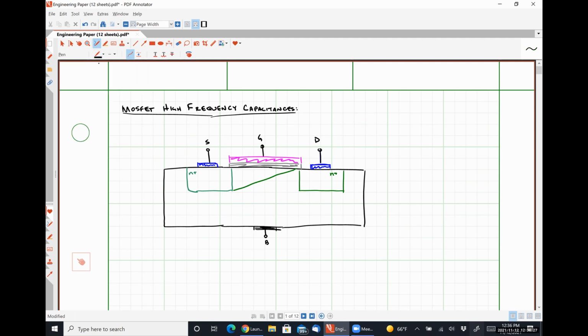Because of the depletion region formed between the N+ active layer and the body, we will have some capacitance CSB and some capacitance CDB.